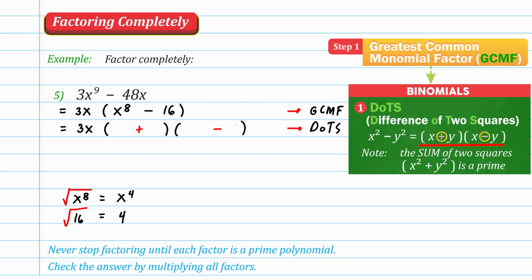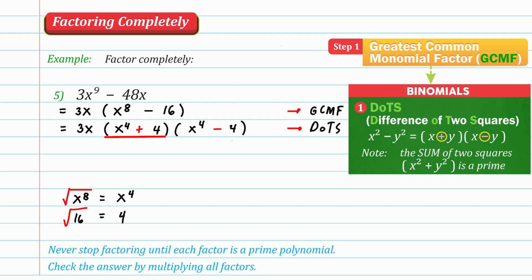Write the first square root here, and then copy here. Then write the second square root here, and then copy here. Currently, we have these factors. However, we should still check if we can factor any of these two binomials pa rin.